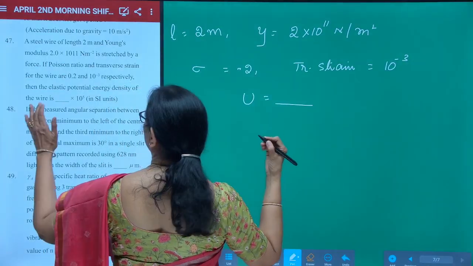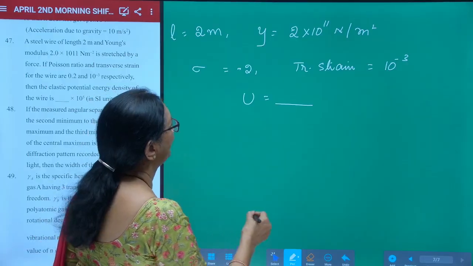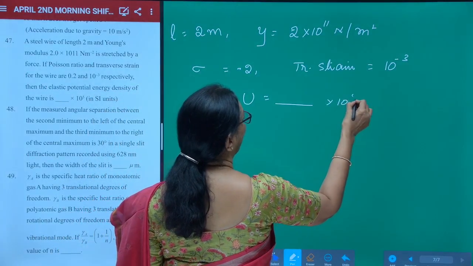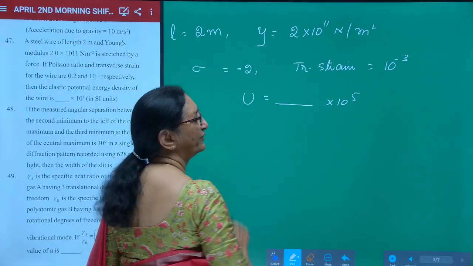It is given, it is a numerical question. So, something into 10 to the power of 5 in SI units, you have to find this.